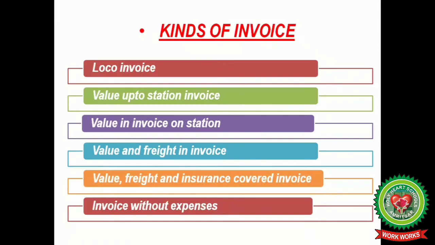Next, value up to station invoice means station charges are also included in that invoice. After that, value in invoice on station means the things that are required are all mentioned. Freight, insurance charges, or an invoice without expenses may also be prepared by the seller, depending upon the terms and conditions that are firstly discussed.